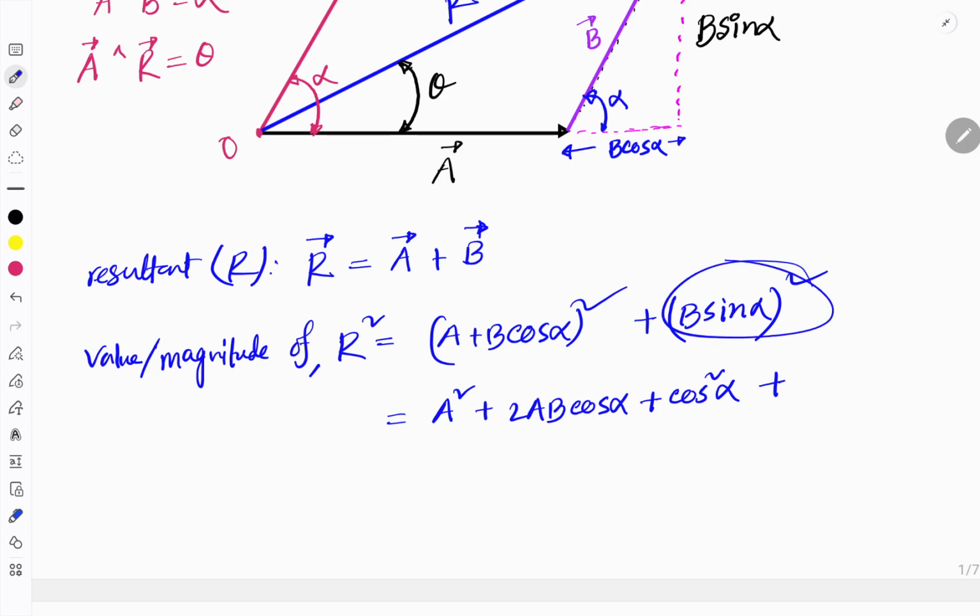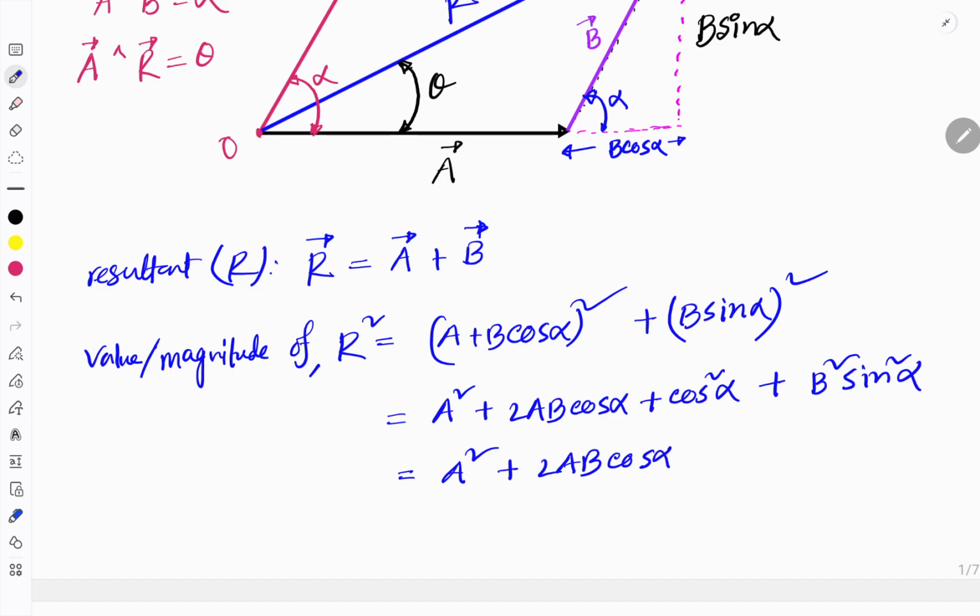And here I have b square sine square alpha. Now I have a square plus 2ab cosine of alpha, and then, okay, sorry, I made a silly mistake. I have this b, so I should have written b square cosine square alpha.